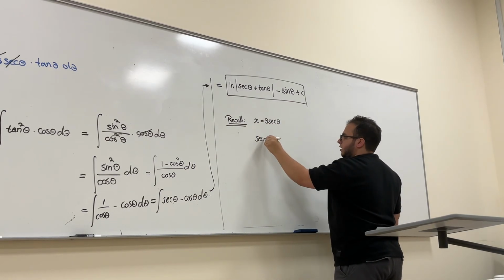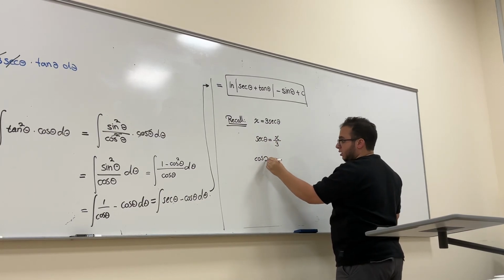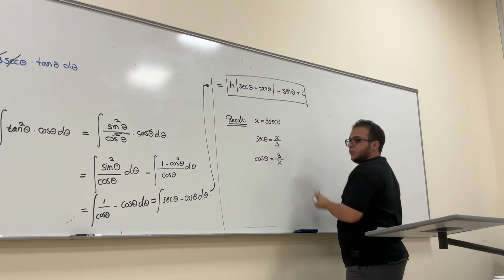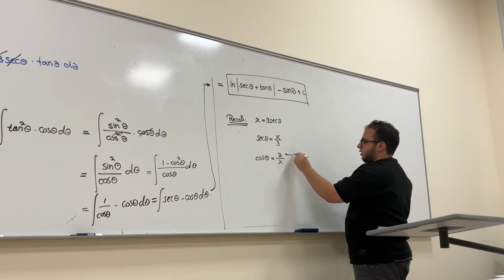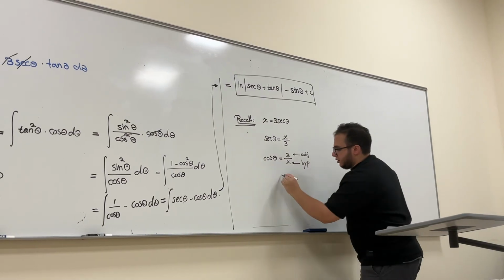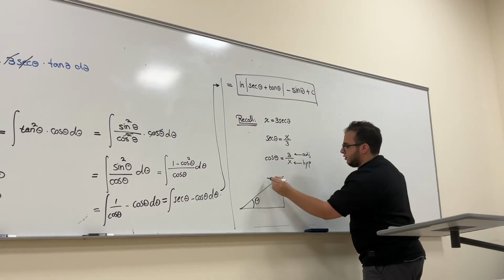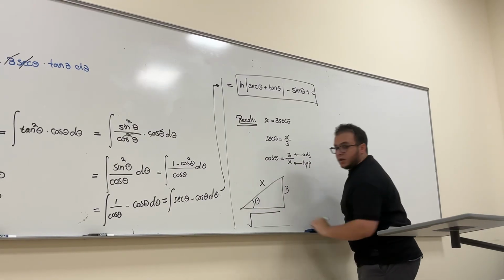So secant theta equals x over 3, so cosine theta equals 3 over x if you don't like to deal with secant. I know that cosine is adjacent over hypotenuse. So I draw a triangle with the adjacent being 3 and the hypotenuse being x, and I do Pythagoras here.